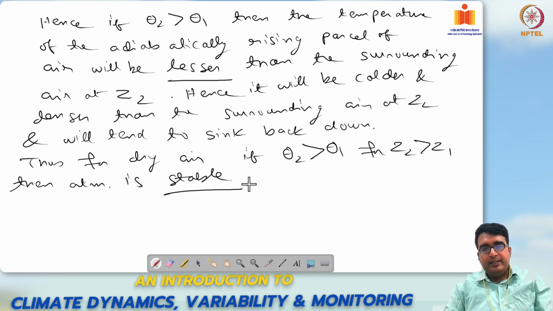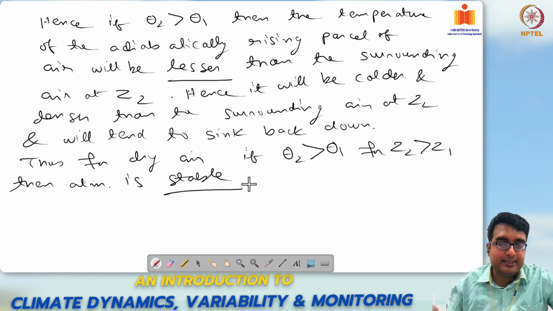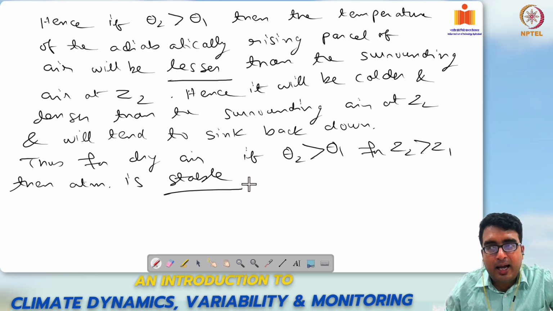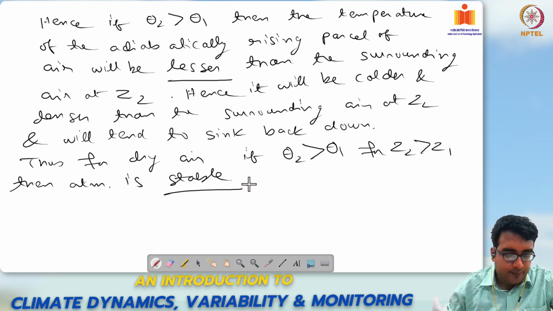One important point, we have said that a colder parcel of air will be denser than its surroundings. This can also be easily proved, though it's intuitive. So just for completeness, I will just prove this. Because the air is an ideal gas, right?